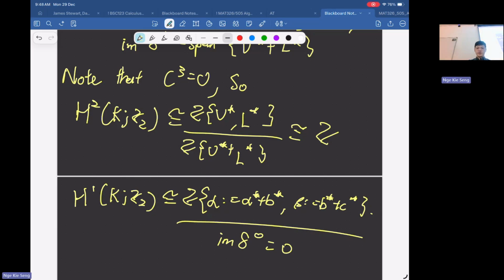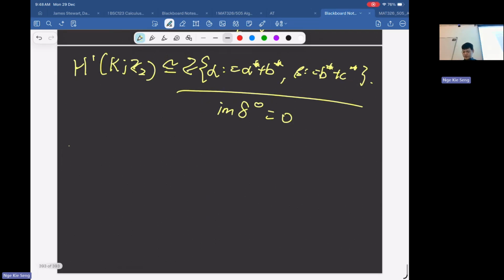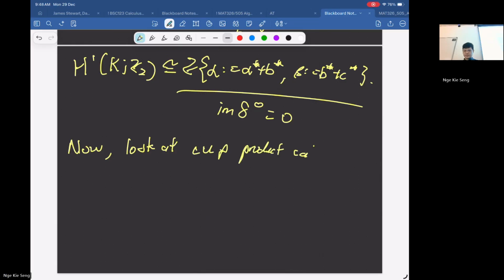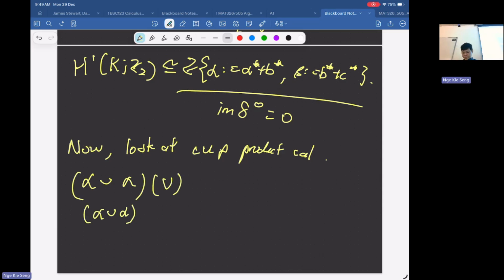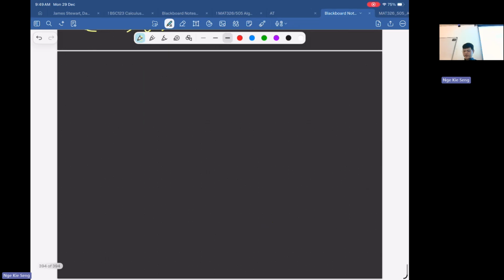Okay, good. Now let's look at the cup product calculation. It's a bit different here. Alpha cup alpha, and maybe we can try alpha cup alpha on U and L, and then beta cup beta on U and L. Maybe you can try calculating together as well.